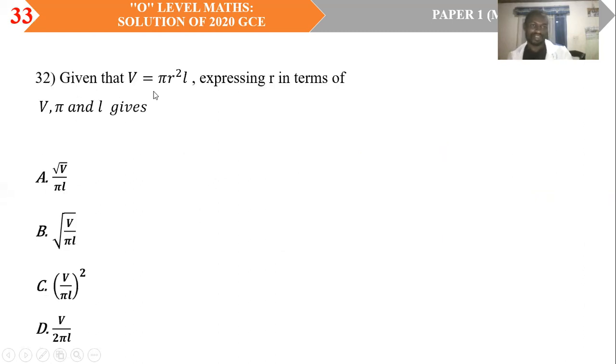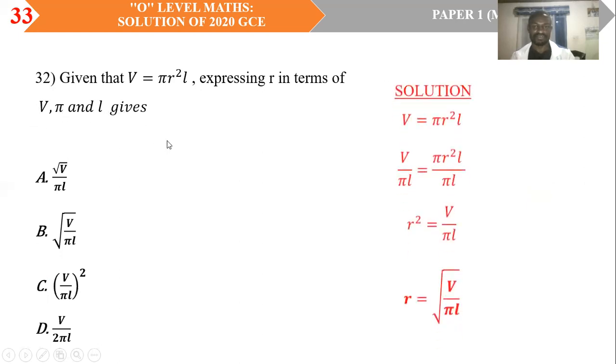Question 32. Given that V is equal to pi R squared L, expressing R in terms of V, pi, and L gives... We are not told that it's the volume, so let's consider it as an expression. Solution.